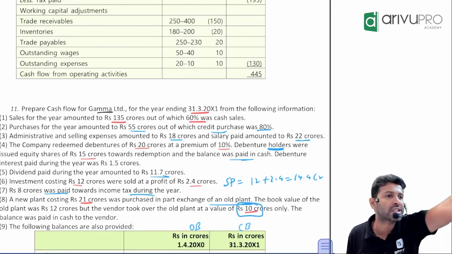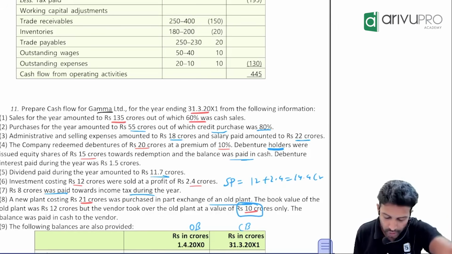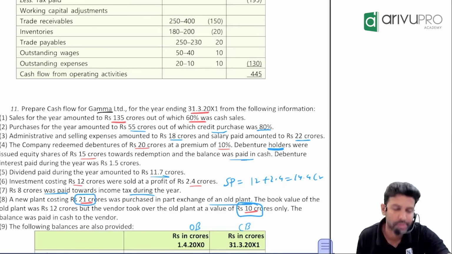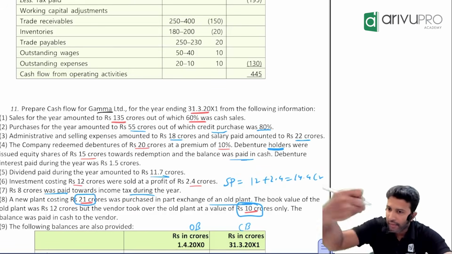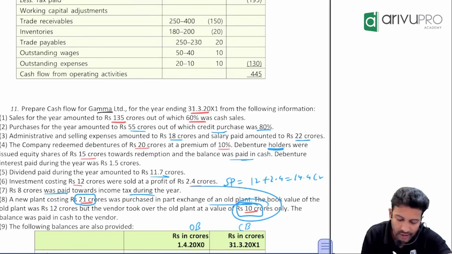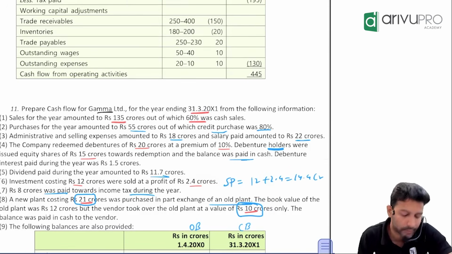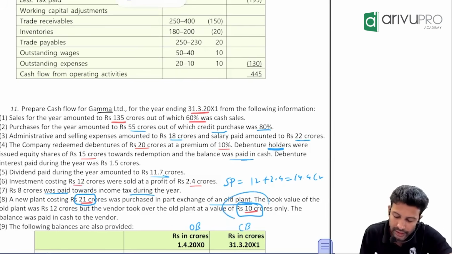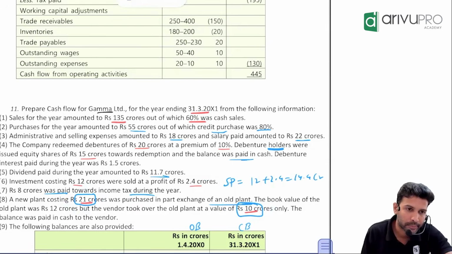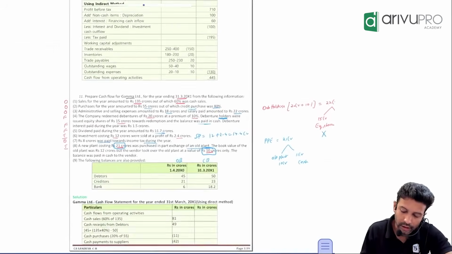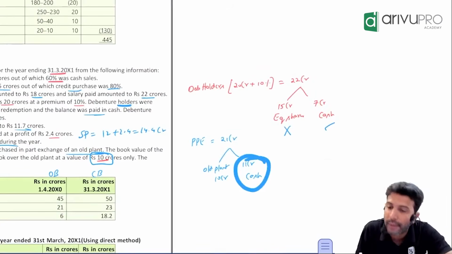Vendor took the exchange value as only 10. So the new one's value is how much? 21. The old one you gave away was considered as how much? 10. So how much extra cash do you need to pay to the vendor? Out of 21 crore, 10 crore was adjusted for the old plant. Balance is how much? 11 crore. 11 crore you have to settle by cash.